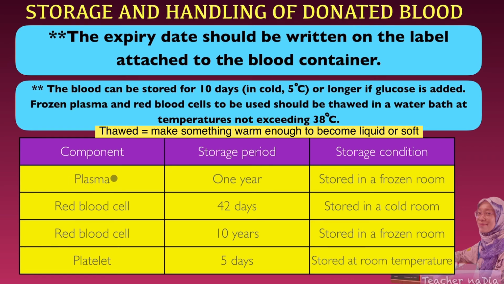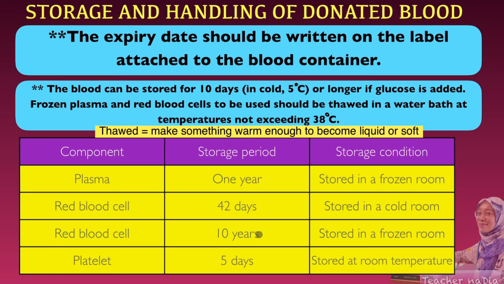If we have plasma, we can store it for 1 year, but it must be stored in a frozen room. Red blood cells can be stored for 42 days in a cold room. But if we store the red blood cells in a frozen room, they can last up to 10 years.